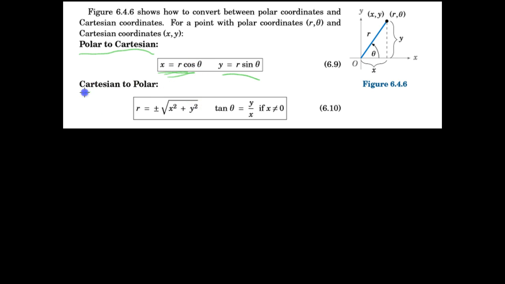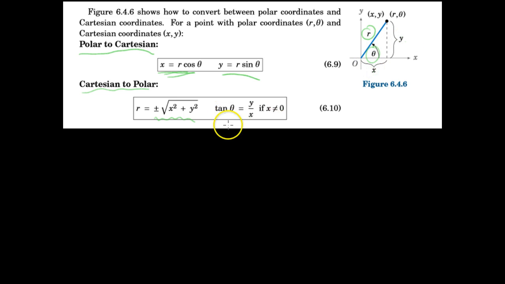If you're going from Cartesian to polar, meaning an xy point to an r theta point, it's just like the complex numbers. r is plus or minus the square root of x squared plus y squared, because that's the hypotenuse. And then the tangent of theta would be y over x, this ratio, opposite over adjacent.